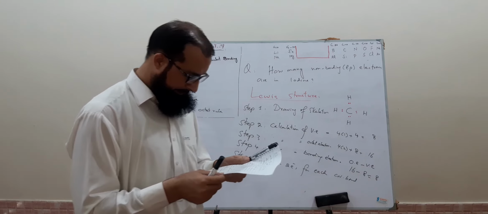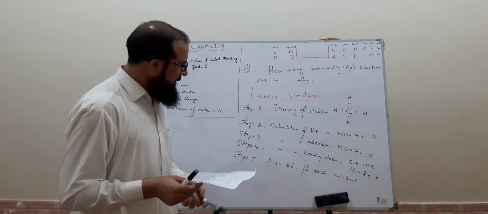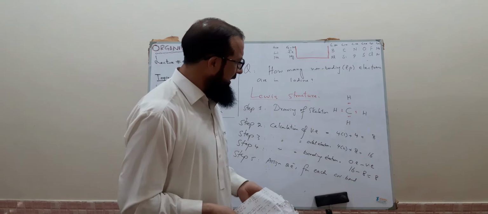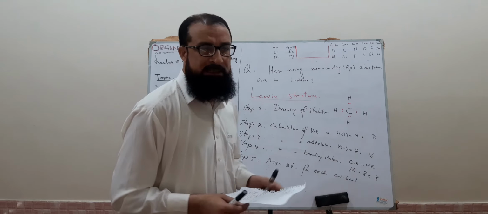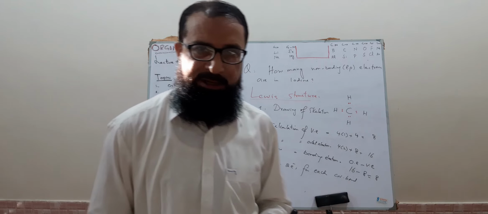If we have 4 bonds and more than 8 electrons, then there is a possibility of a double bond or triple bond.